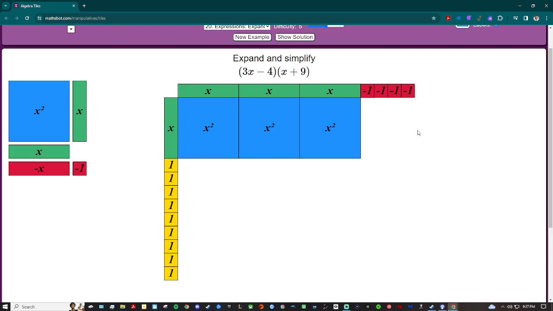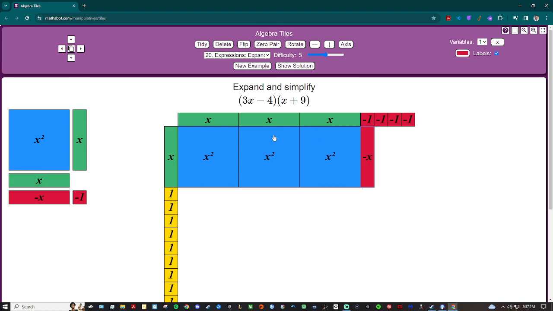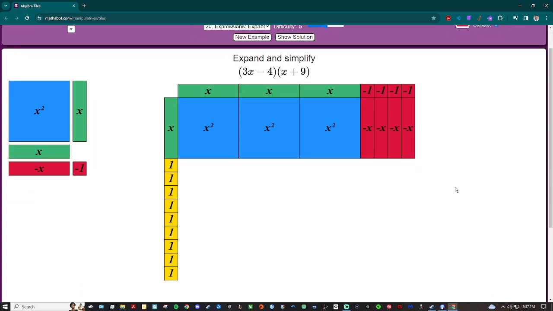Now if I keep going, now this is where we have to be careful. -1 times x isn't going to give me x, it's going to give me negative x. -1 times x, negative x. Negative x, once again, -1 times x, negative x.